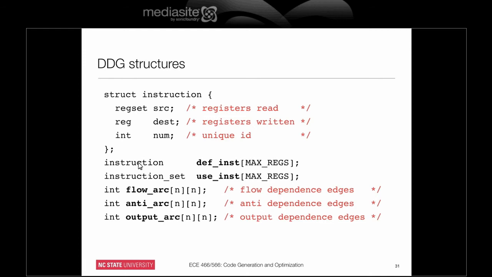Then I'll have an array, and this array will be long enough to represent every register in the instruction set. And inside this array, I'll remember the last instruction that defined this register. And I'll also have another array which remembers the set of instructions that have used a register.